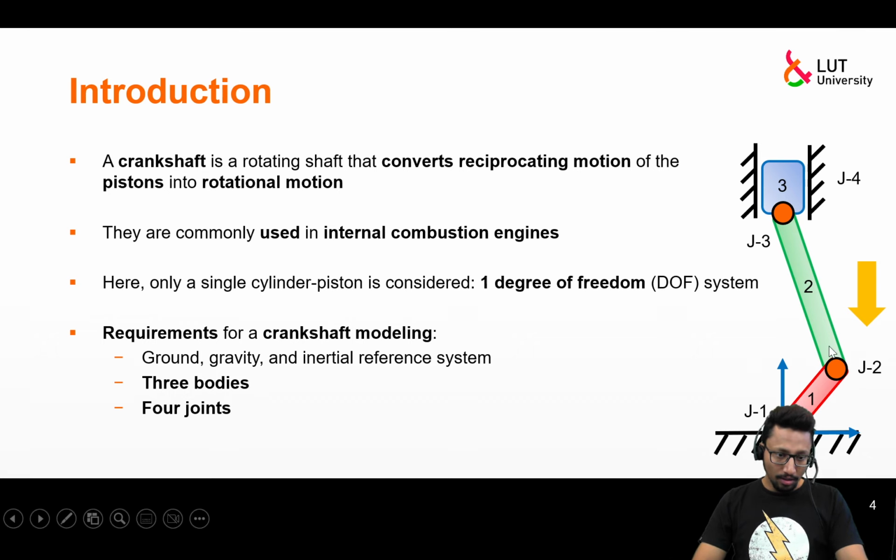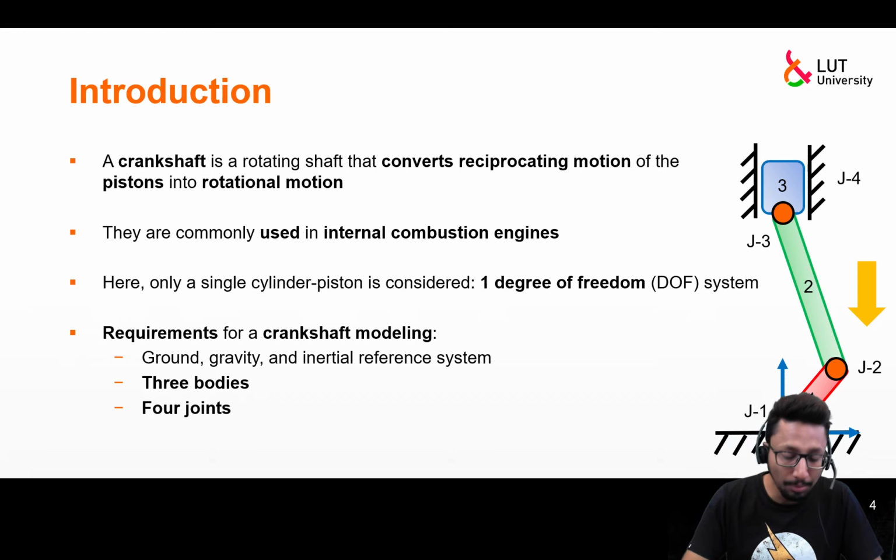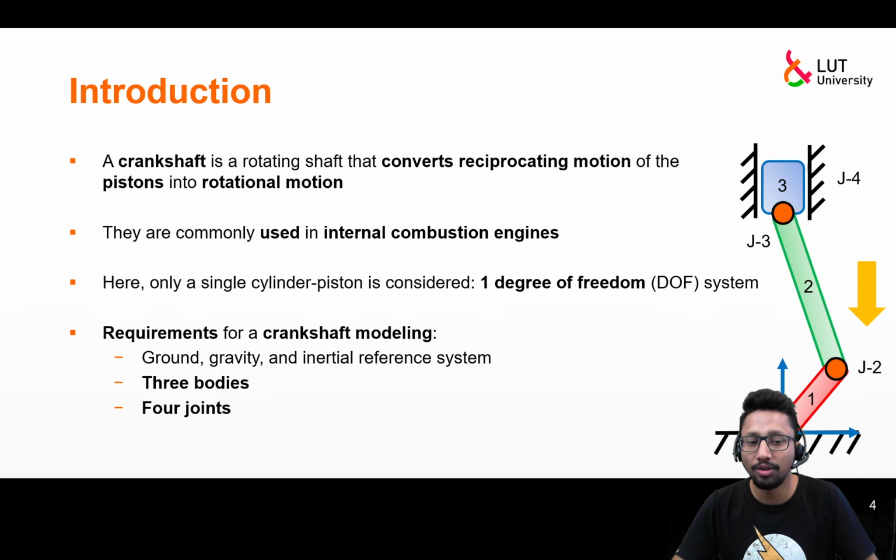The joint between body 1 and 2 is called crank pin. The joint between body 2 and 3 is called piston pin or wrist pin. It's important for you to know this nomenclature because if you go to industry, people might name it as crank, connecting rod, and piston, and not like body 1, 2, and 3. I'm just explaining it this way to make the explanation simple.